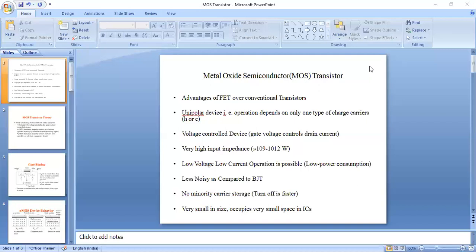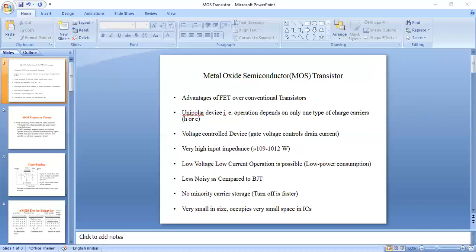As we know, we are at the level of microns, so the channel width is measured in microns. So we can say the device size is very small, and it can occupy very little space in ICs. These are all the major advantages of a MOS transistor.